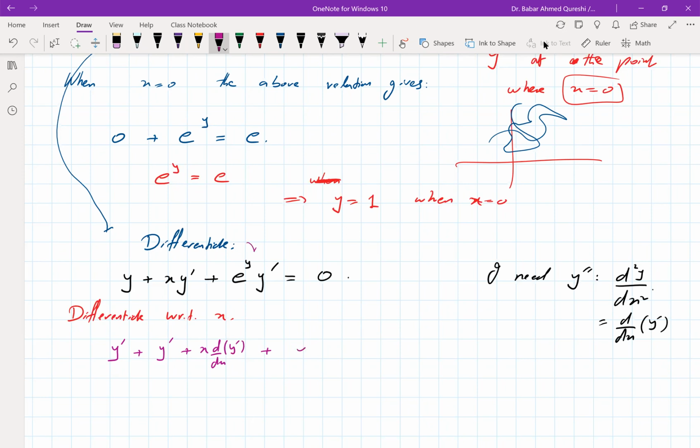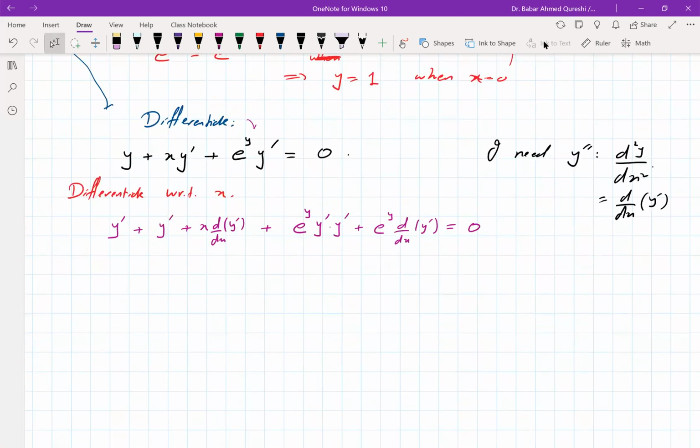I get the derivative of first term, which is ey y dash, and y dash as it is, plus ey, and then derivative of the second term. Then right hand side 0 differentiated still gives you 0.